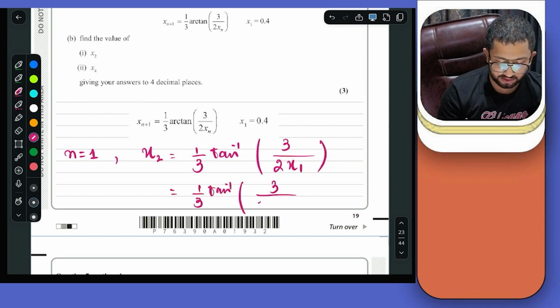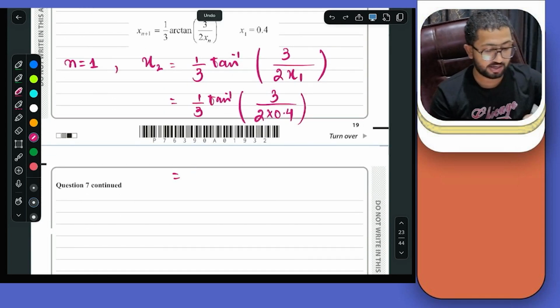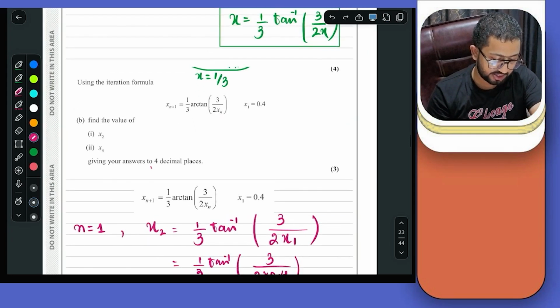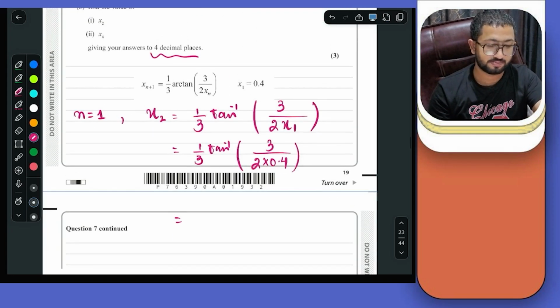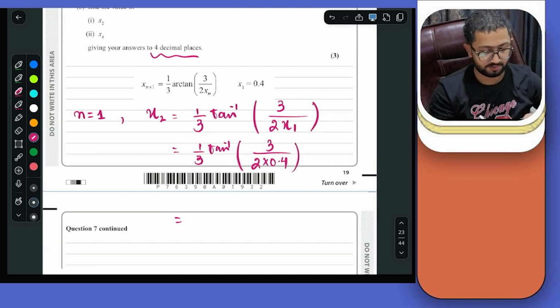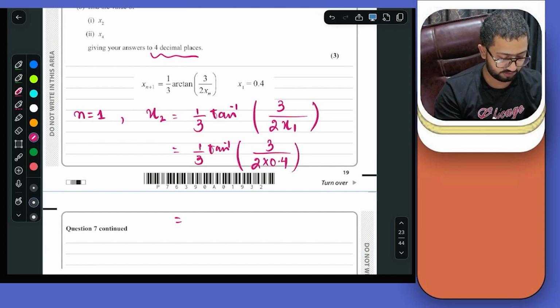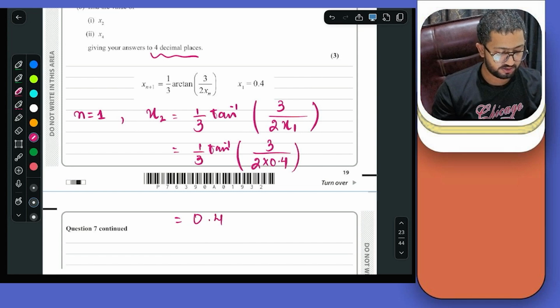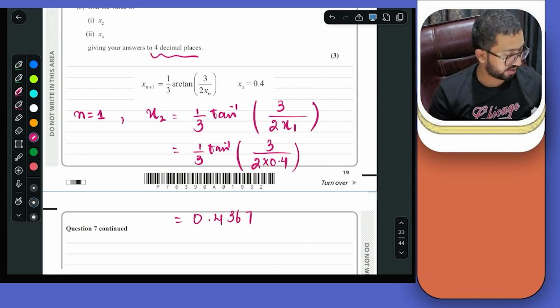Just substitute the value of x1, which is 0.4, use the calculator, and write the answer to 4 decimal places. That is 0.4367, the x2 value.